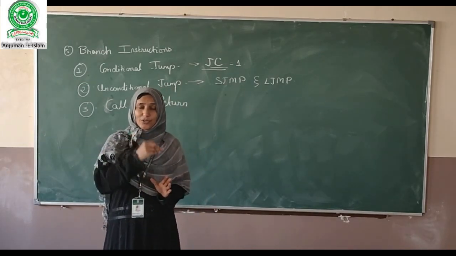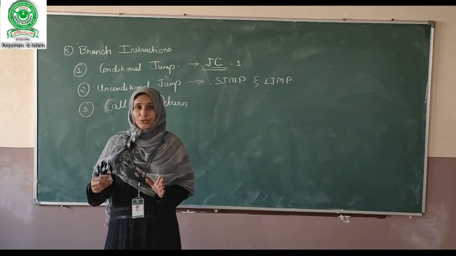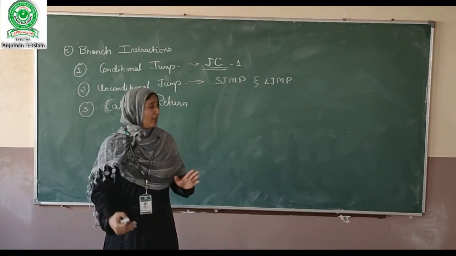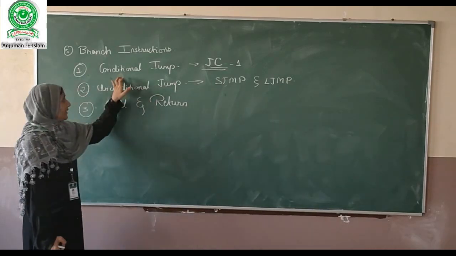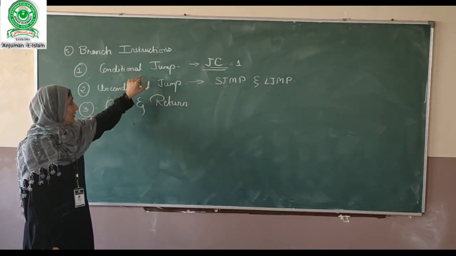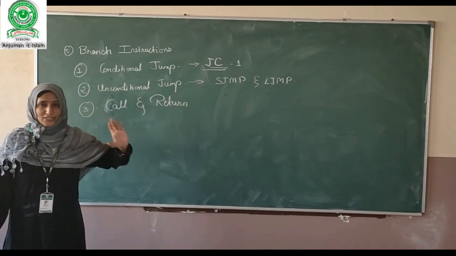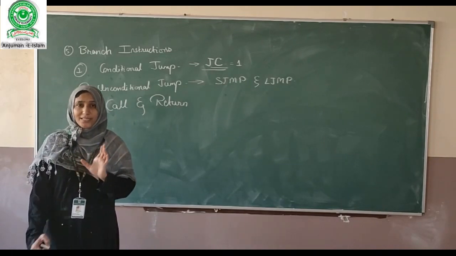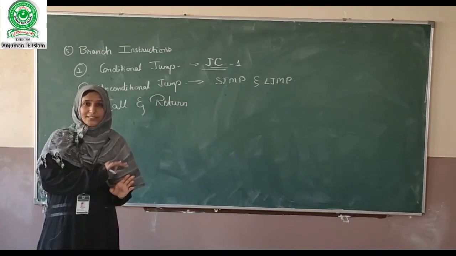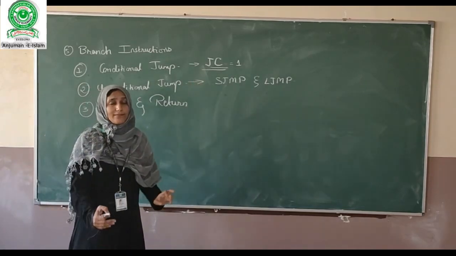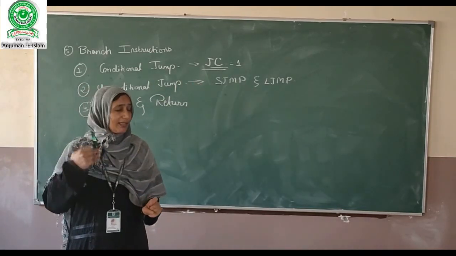If the condition is not satisfied, the program execution continues with the very next instruction in the program. So this is the conditional jump in which a particular condition is checked. If the condition is true, then the jumping takes place. If the condition is false, then there is no branching, and the next instruction after this jump instruction will be executed in the program.